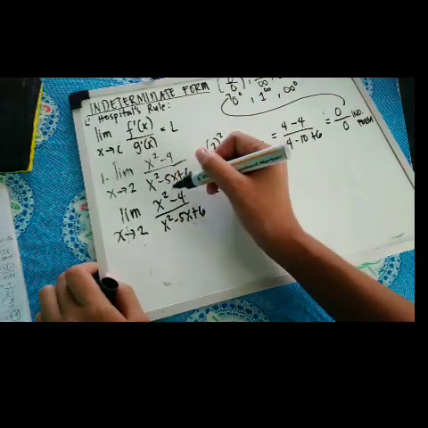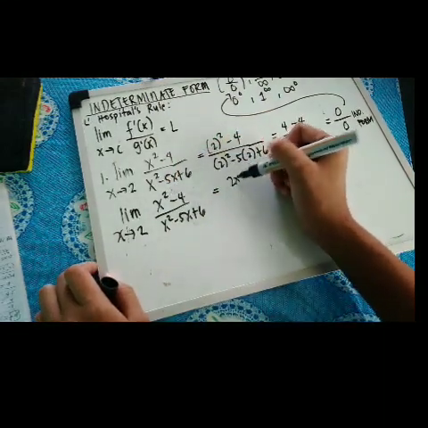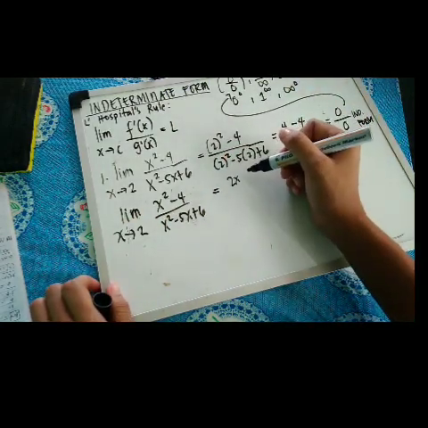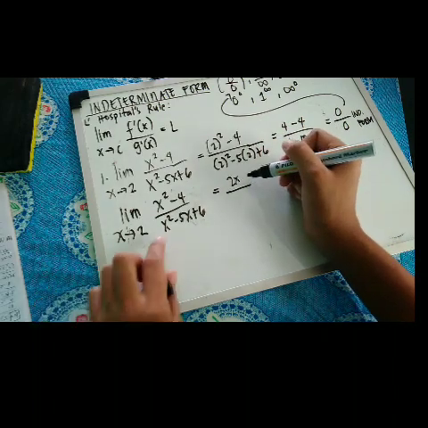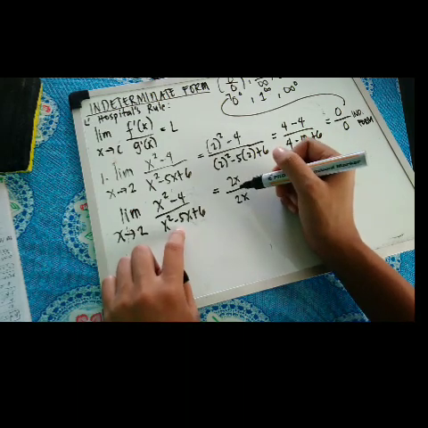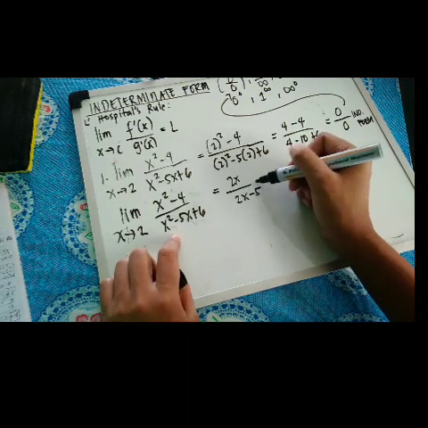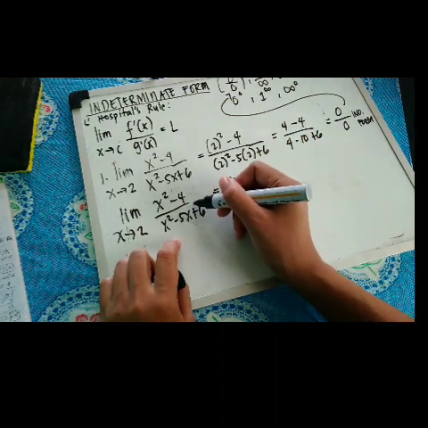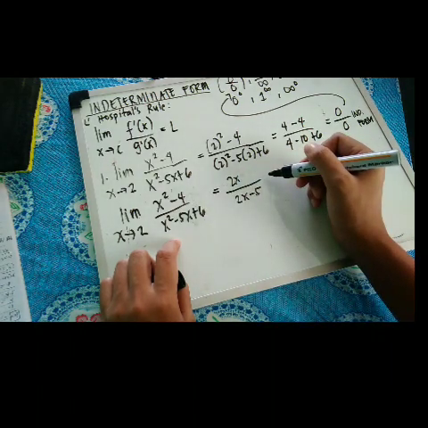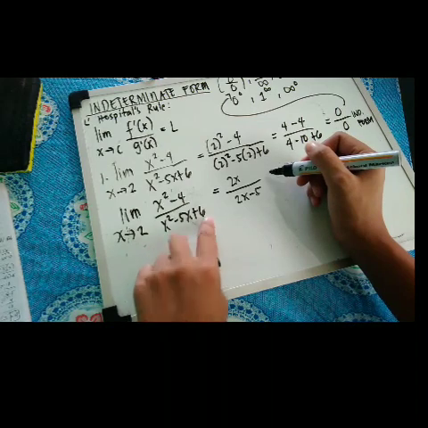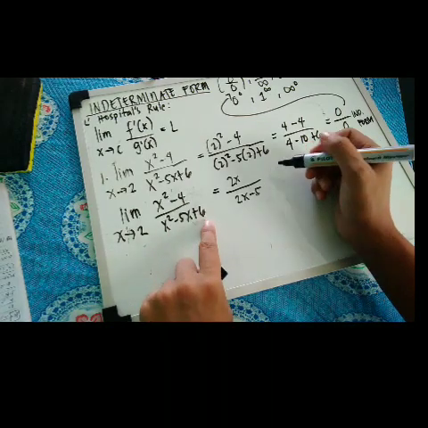The derivative of x squared is 2x, while the derivative of negative 4, since it is a constant, is 0. Next, the derivative of x squared is 2x as well. The derivative of negative 5x is negative 5, since 1 minus 1 is 0 and x raised to 0 is equal to 1. So negative 5 times 1 is negative 5. The constant 6 is equal to 0.